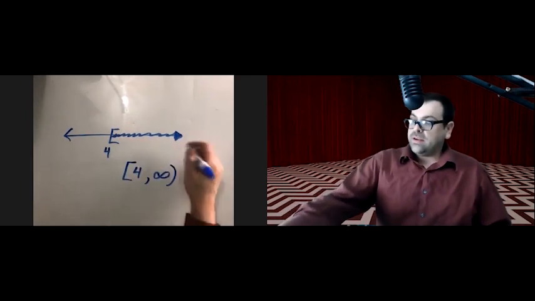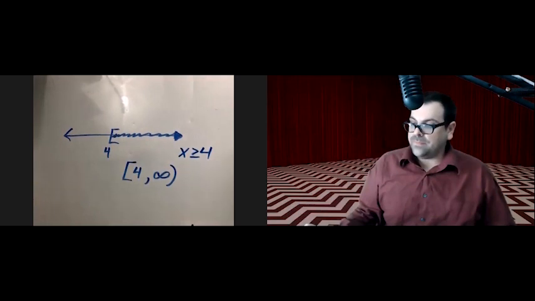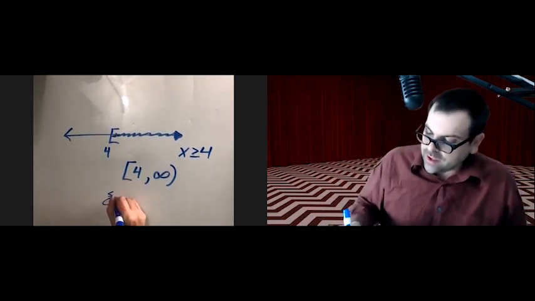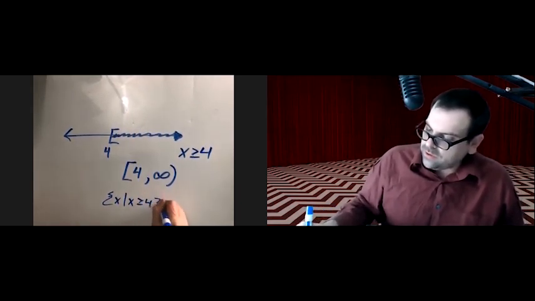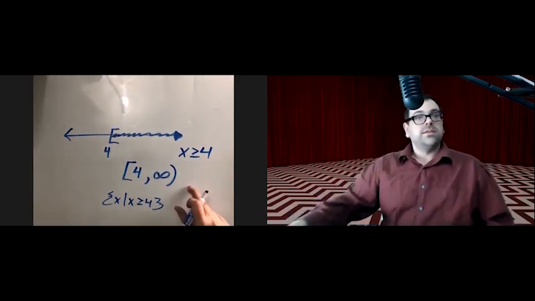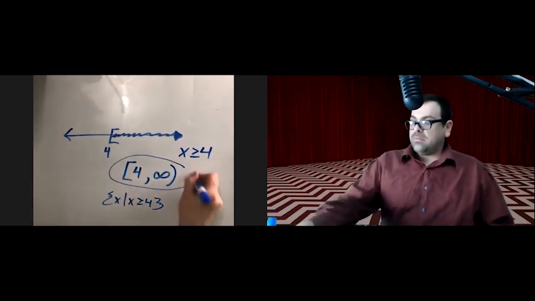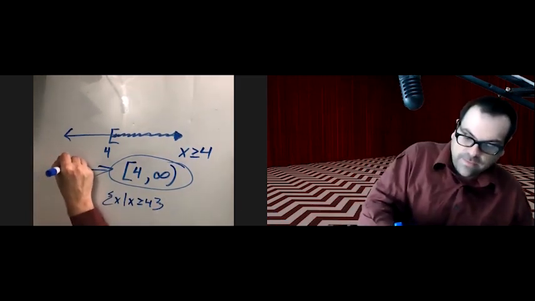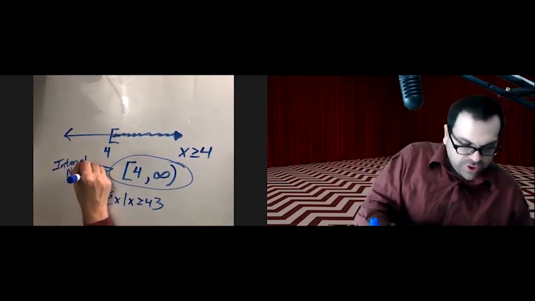And this would be x greater than or equal to 4. Or in set builder notation, the set of all x such that x is greater than or equal to 4. Inequality, set builder notation down here. But what we're going to use most often is interval notation.